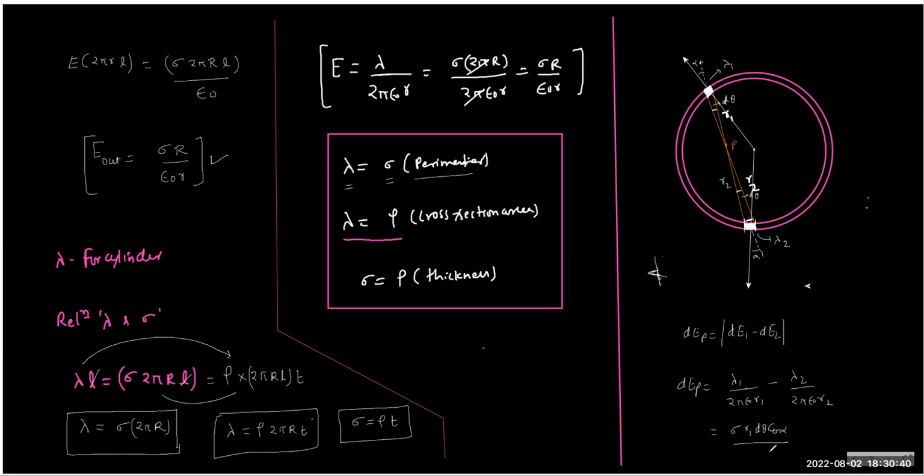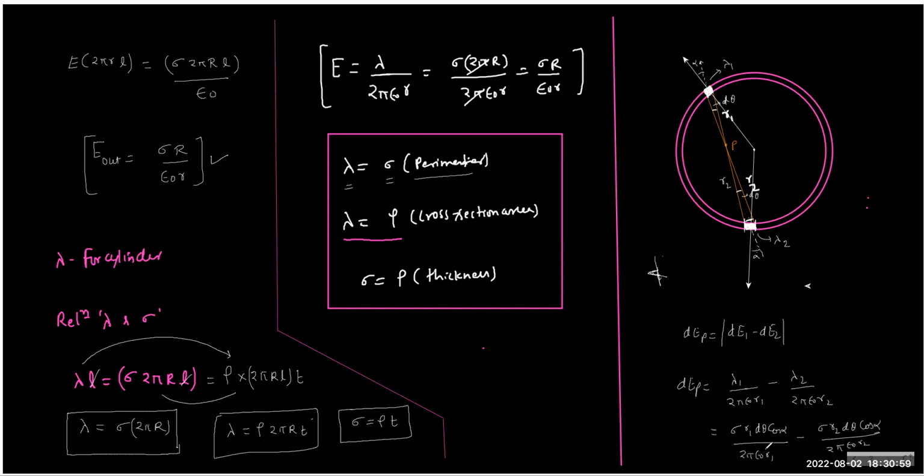So this will be sigma R1 d theta cos alpha over 2 pi epsilon naught R1. And then lambda 2 becomes sigma into R2 d theta cos alpha upon the same formula.